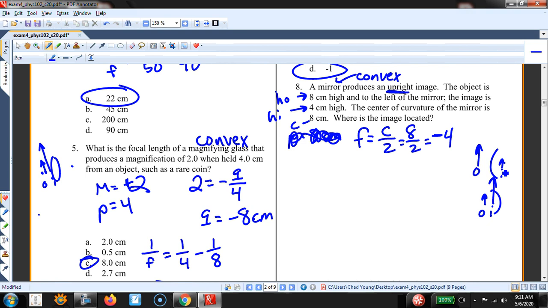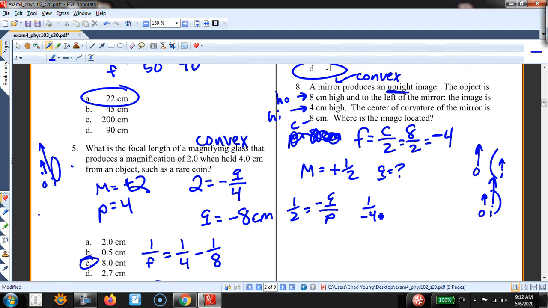The magnification is also positive 1/2 because my image is 1/2 the size of the object. And I want to know what is Q. I also don't know what P is. However, I know that 1/2 is equal to negative Q over P. That's my magnification.